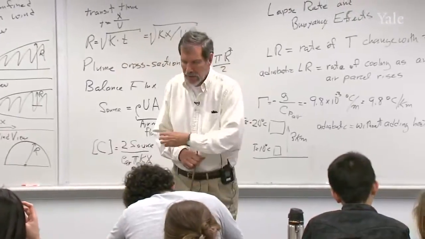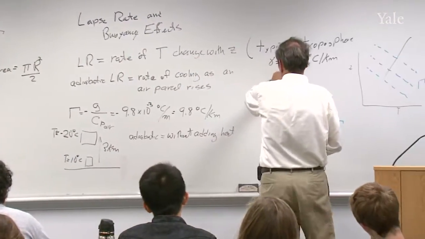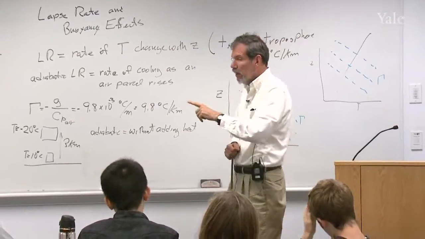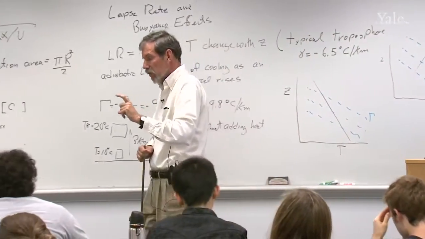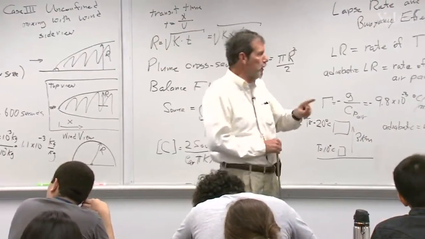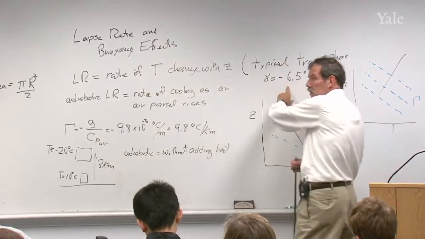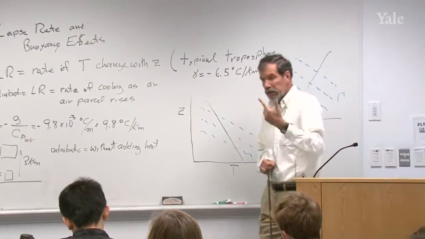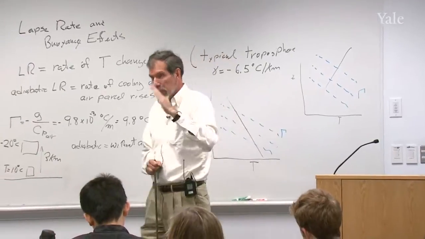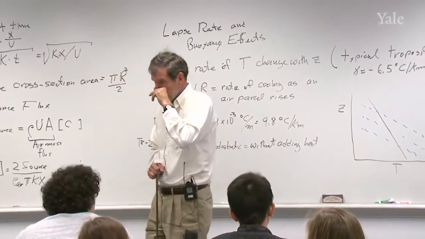Sometimes it's very different than that. Sometimes it's even positive. For example, in an inversion, remember how I defined an inversion? An inversion was a layer where the temperature increases with height. Well, that would mean a positive lapse rate instead of a negative one. So for some layers, and then in the stratosphere, remember, you have a positive lapse rate. The temperature gets warmer as you go up.